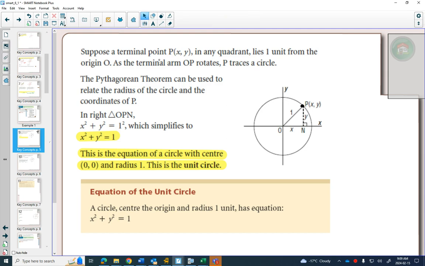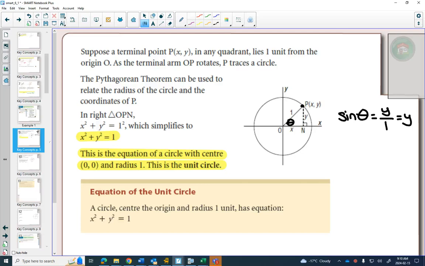Okay? Now, as we get to our big ideas, here is big idea number 1. If this is my angle theta, so I want you to label that in there, then I could write that sine of theta is the opposite side over the hypotenuse. And if I do that, I get just y.